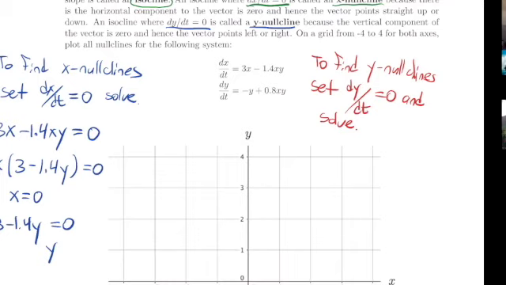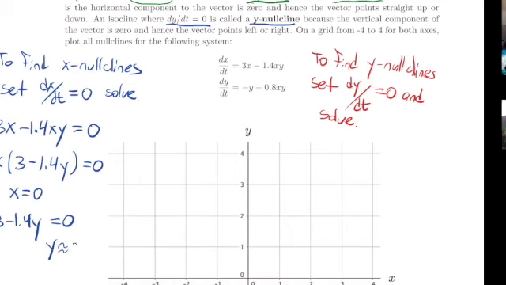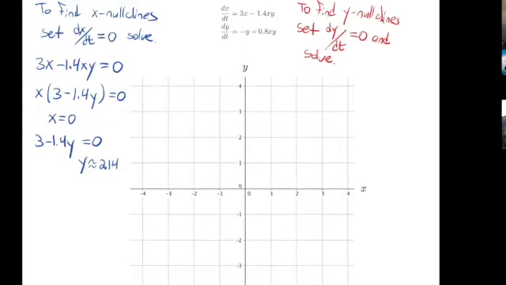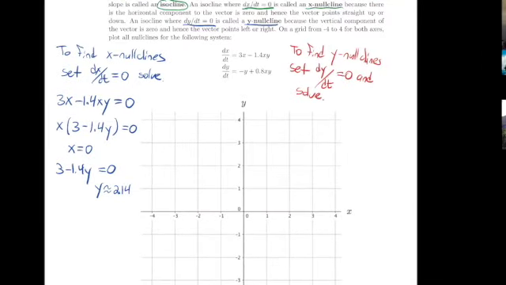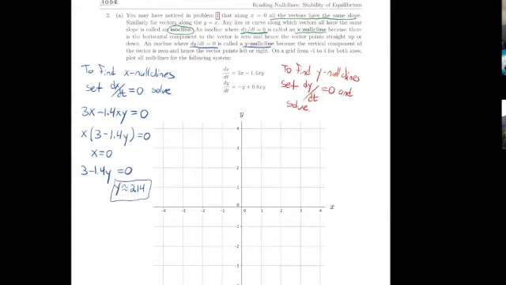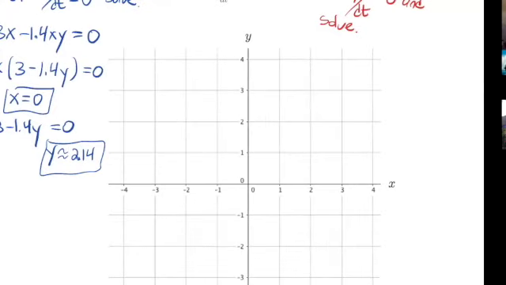That comes out to approximately 2.14. Any questions about how we found those two?